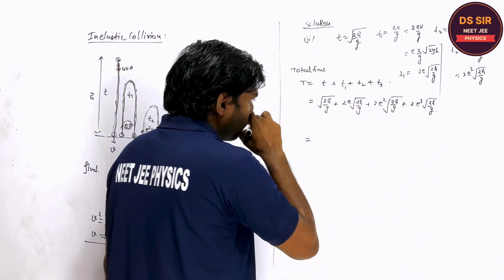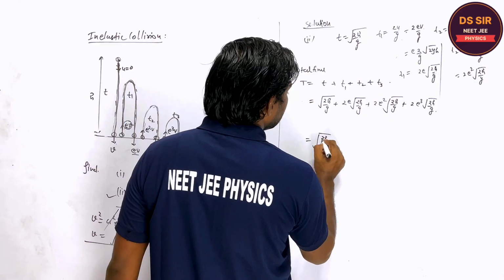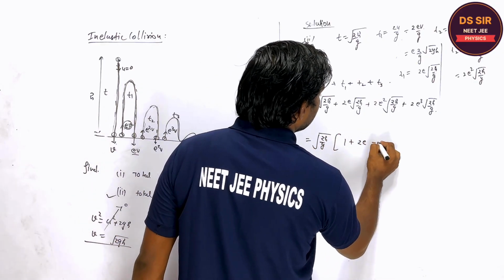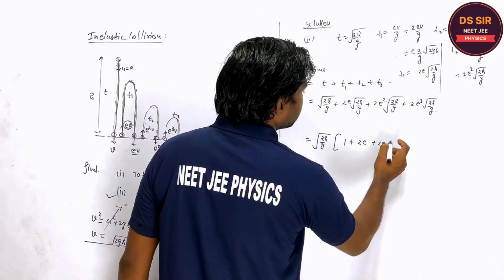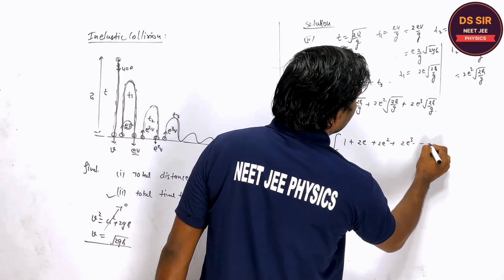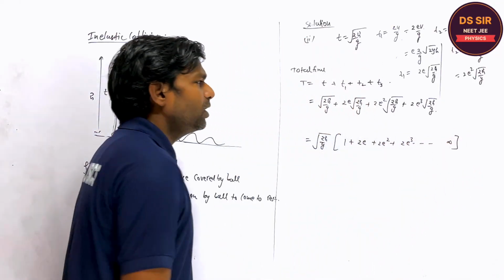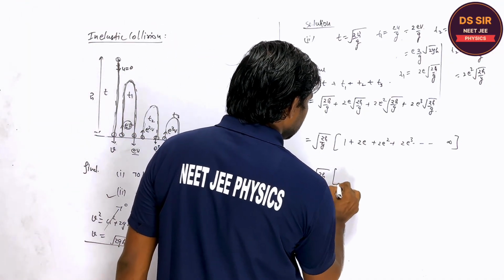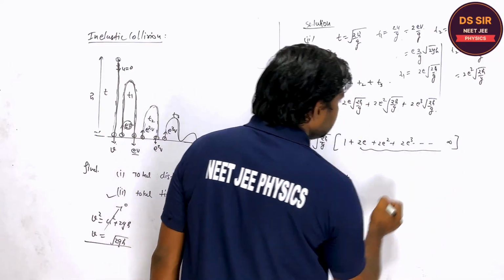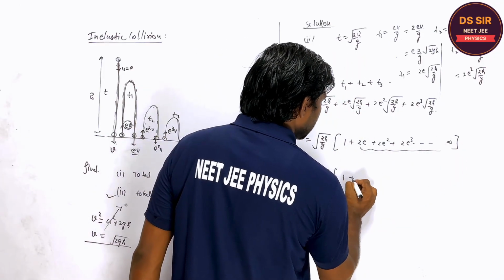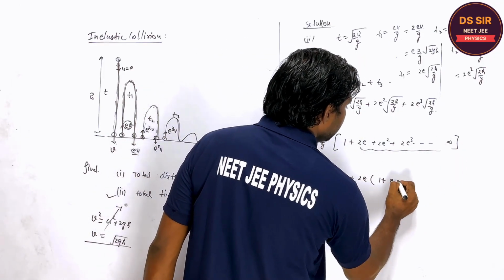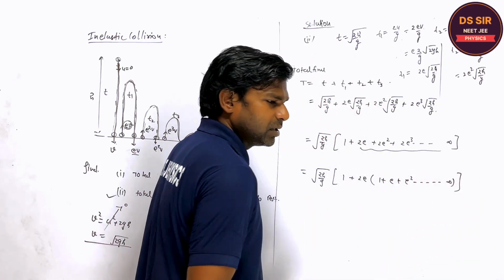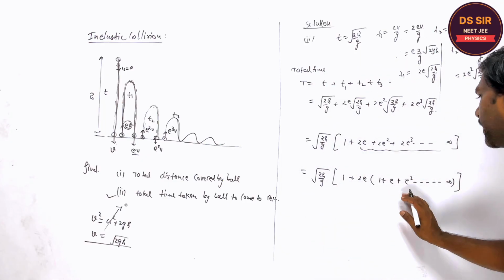So here you can take root 2h upon g common: 1 plus 2e plus 2e square plus 2e cube up to infinity. Is it clear or not? So you have to calculate this root 2h upon g, 1 plus, and in all these expressions you take 2e common, so 1 plus e plus e square up to infinity. So it becomes what? Infinite GP, right?